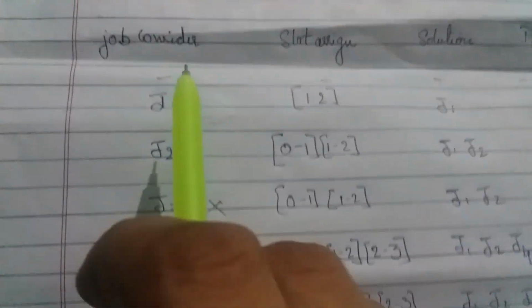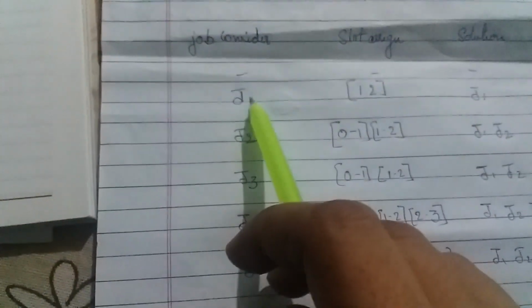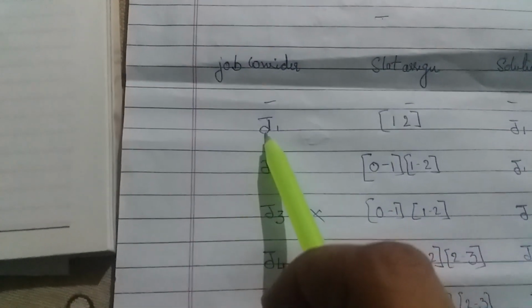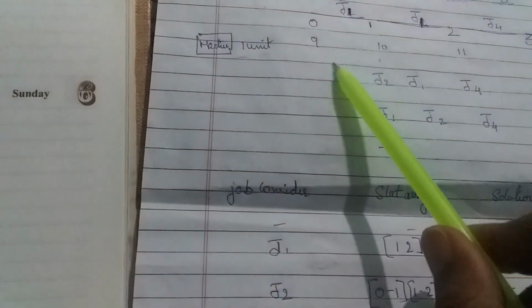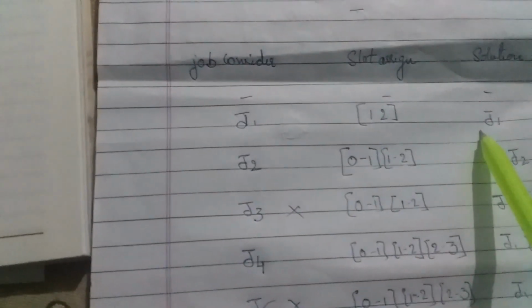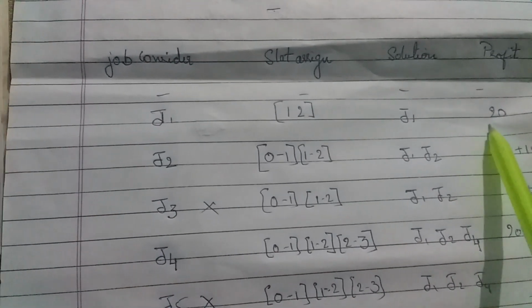Now if we put here a table showing which job is considered, and the time slot assigned, and solution, and the profit earned. If J1 is selected, the J1 is assigned the time slot of 1 to 2. As you can see here, 1 to 2 J1 is allotted, and the solution is, you are including job 1, and the profit earned is 20.